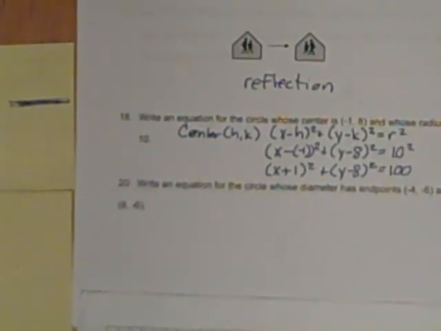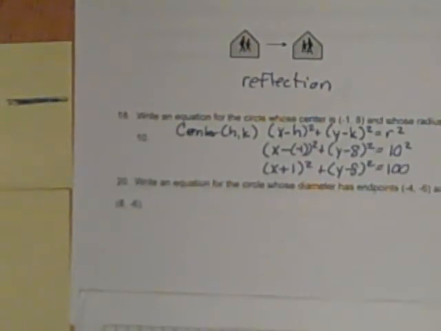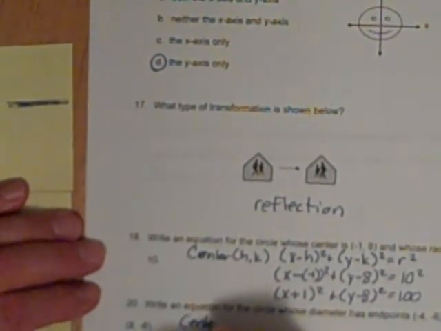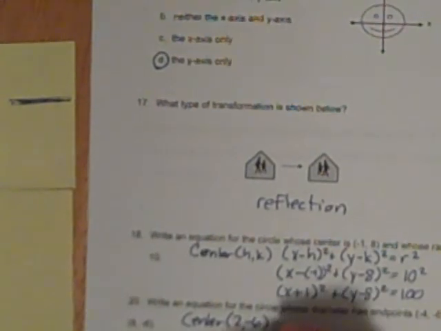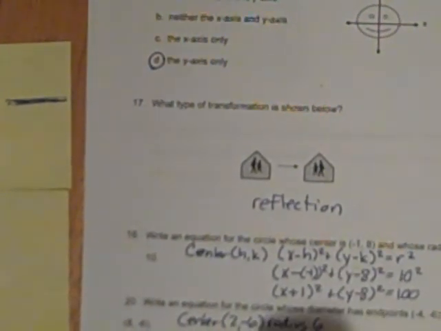The radius is going to be from the center to the outside of the circle, so that's going to be 6. So now going back here, we can write the center as (2, -6), and the radius as 6, and plug that into our formula.